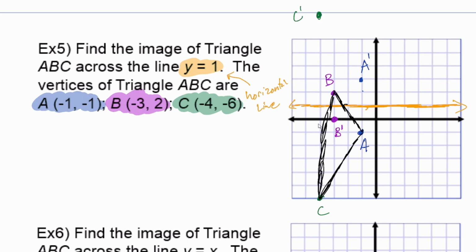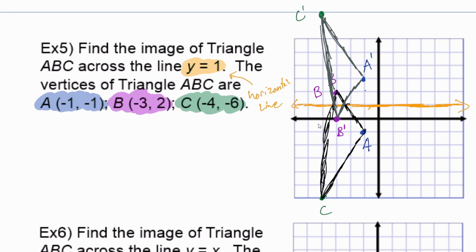And so I'm going to connect these. Let's use a little bit different color to connect them. We'll use this charcoal color here. So my new figure, that is the reflected version of my old figure, will be that charcoal figure above. I'll rewrite B off to the side here so we can see that a little better.